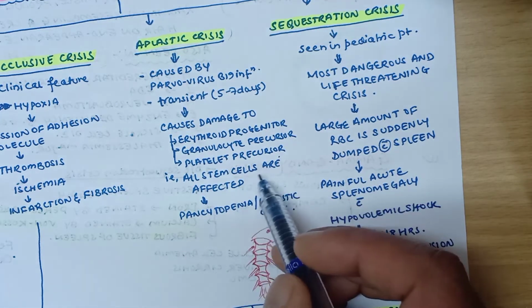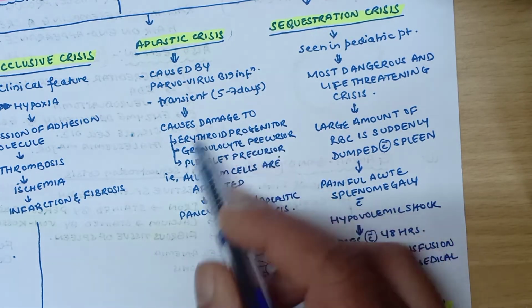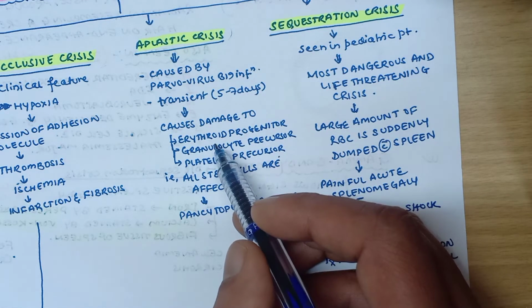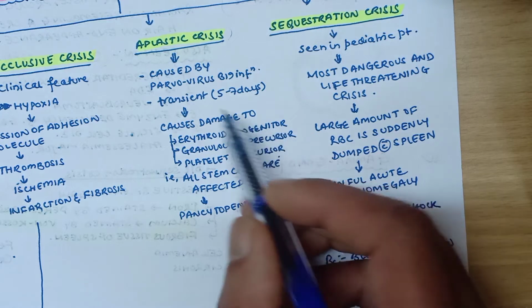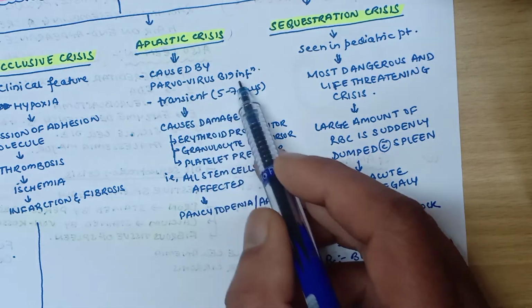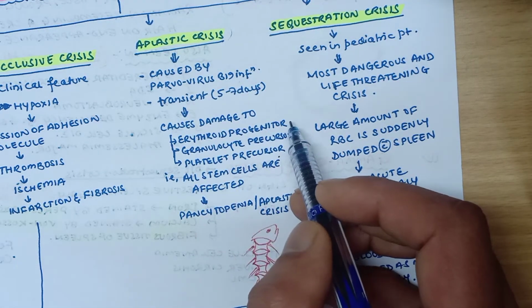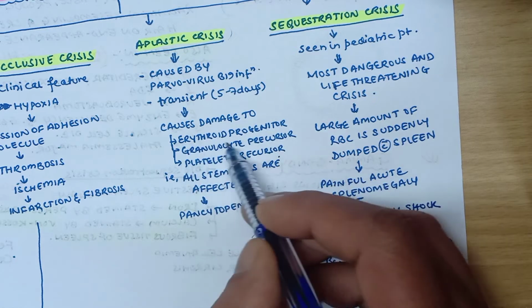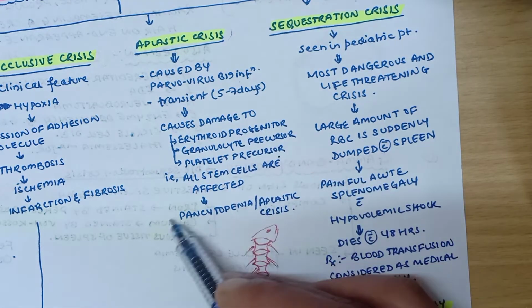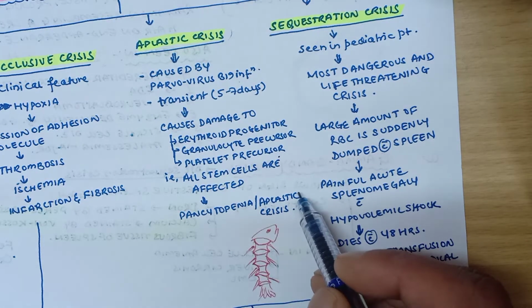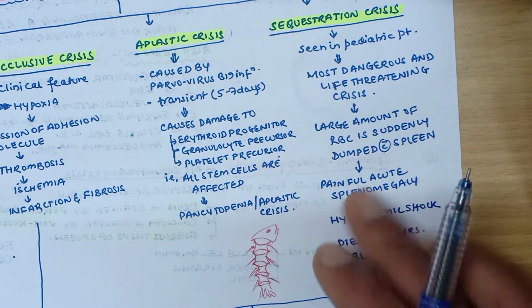That is, all the stem cells are affected, and the most commonly affected are erythroid progenitor cells. This will result in pancytopenia or aplastic crisis.